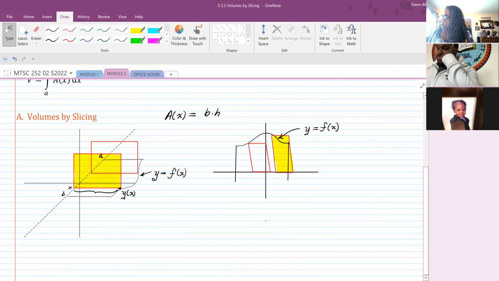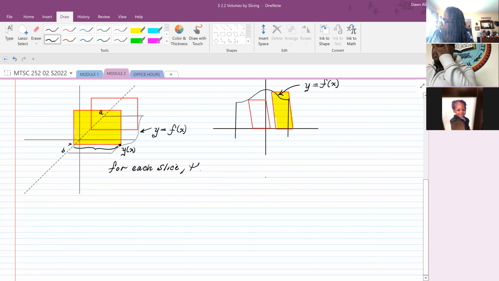Okay, so for each slice, the cross sections are rectangles. So the cross-sectional area is just the area of a rectangle.